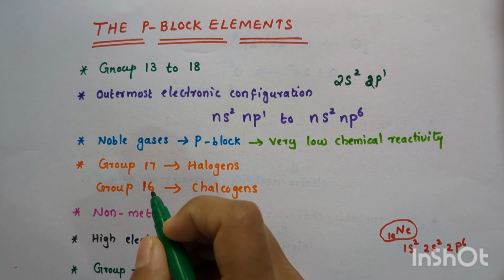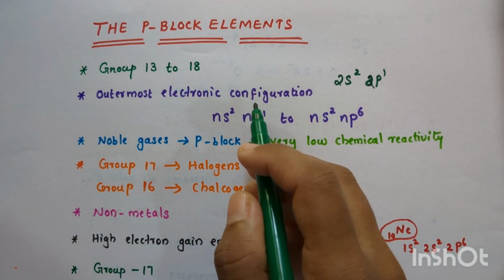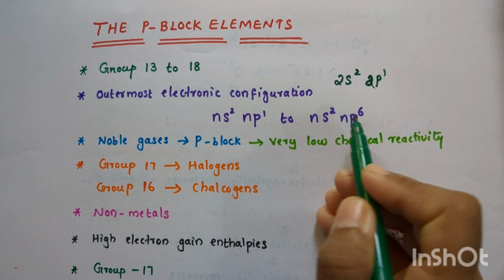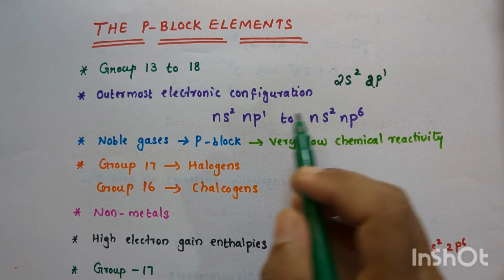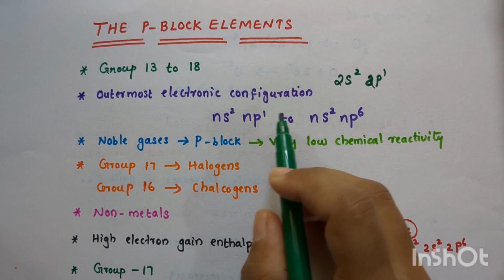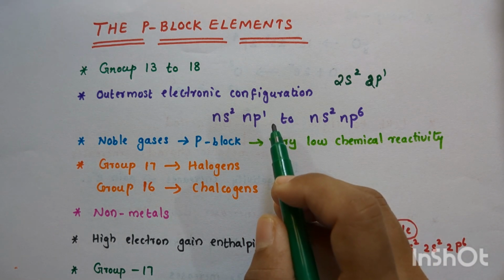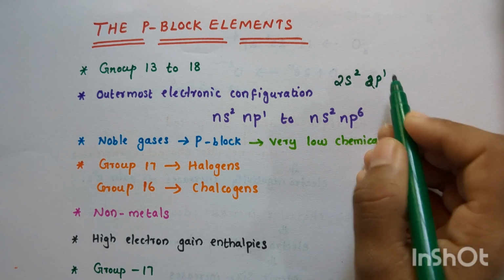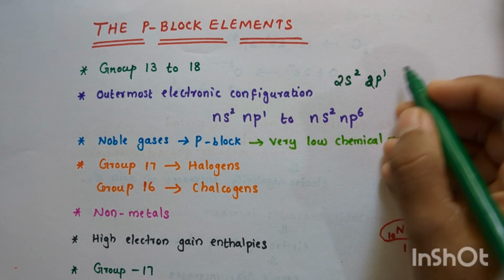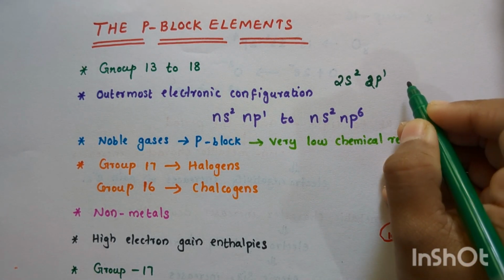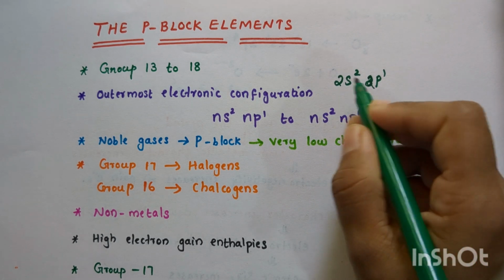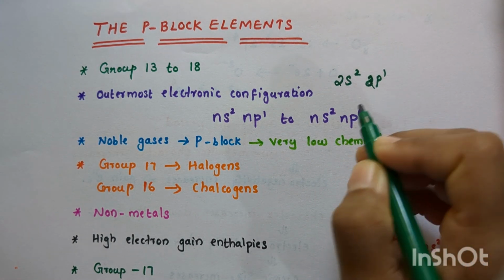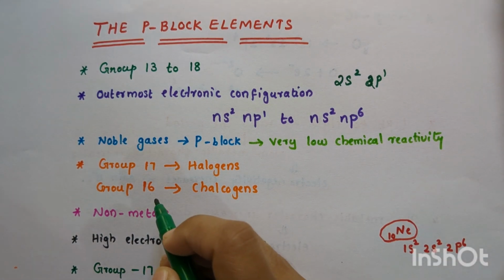Now, the outermost electronic configuration of P block elements varies from ns2 np1 to ns2 np6. That is, the outermost electronic configuration of each element in the P block is like 2s2 2p1, then 2s2 2p2, up to 2s2 2p6, then 3s2 3p1, 3s2 3p2, and so on.